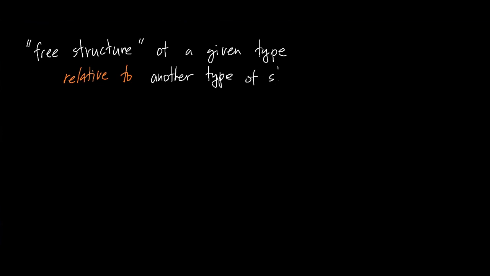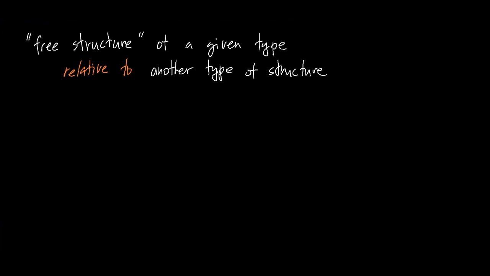But moreover, these two structures need to be already related somehow before we can talk about one being free relative to another. And the relationship of these two types of structures will be given by a functor.